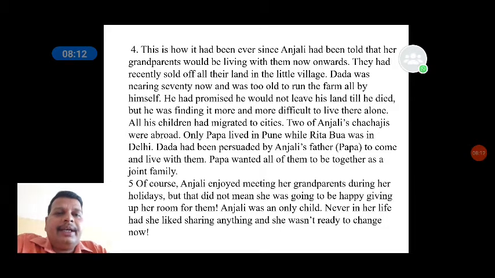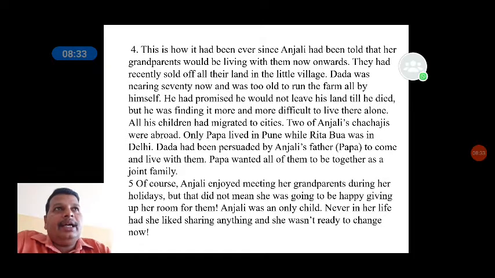Dada was nearing 70 now. Dada was nearing 70 now and was too old to run the farm all by himself.